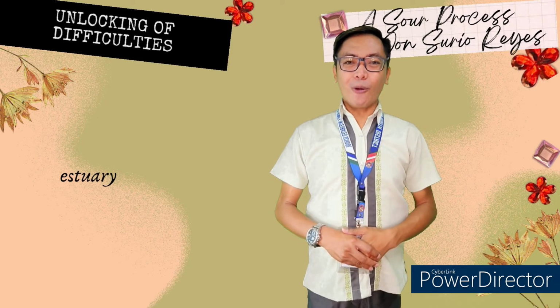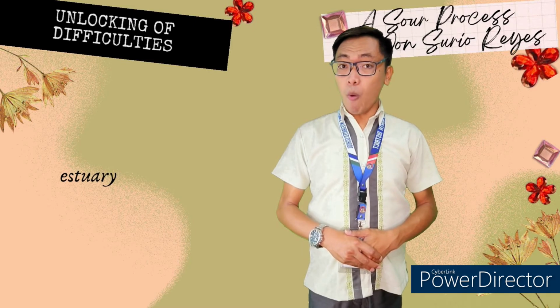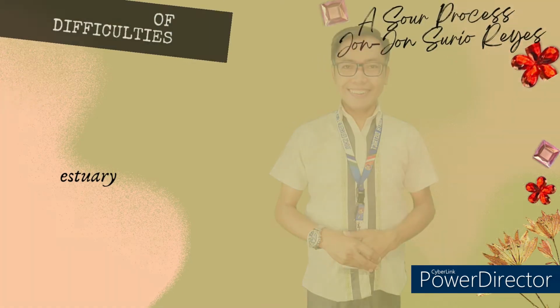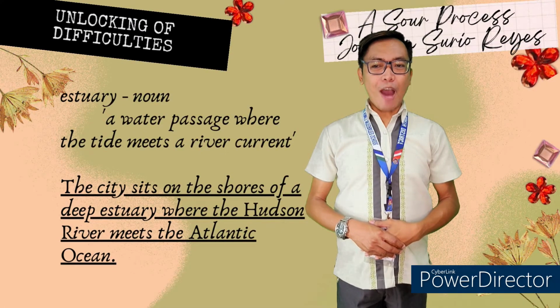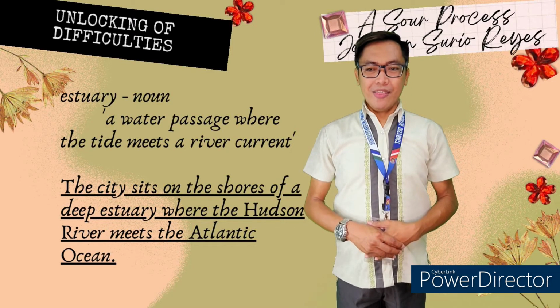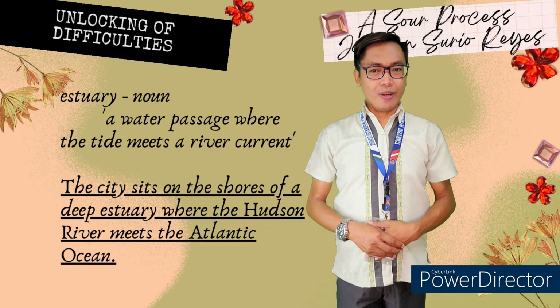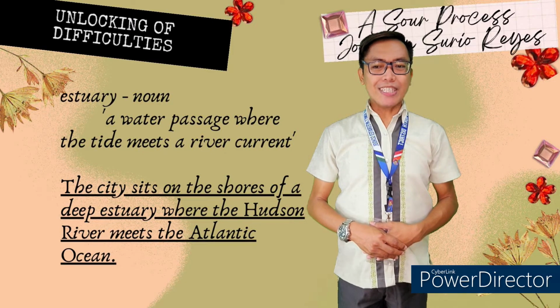There are 4 syllables in the word estuary. In what part of speech? Estuary is a noun, meaning a water passage where the tide meets a river current. Example, the city sits on the shores of a deep estuary where the Hudson River meets the Atlantic Ocean.